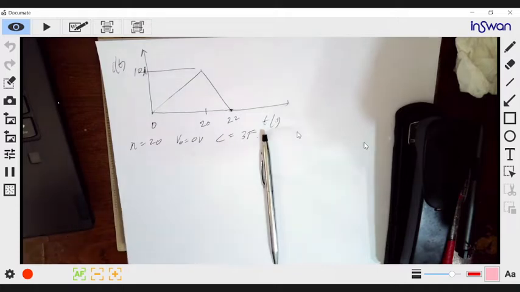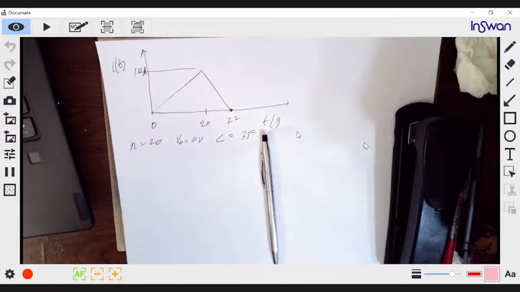Okay, so when you find the area, what are you finding? The tangent. Tangent? Oh man, you clearly don't know what a tangent is.